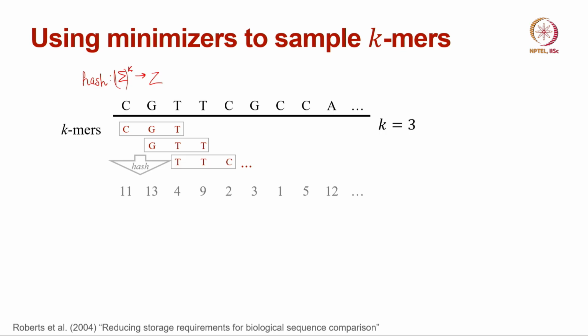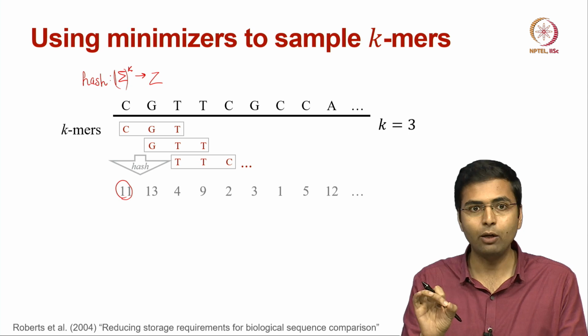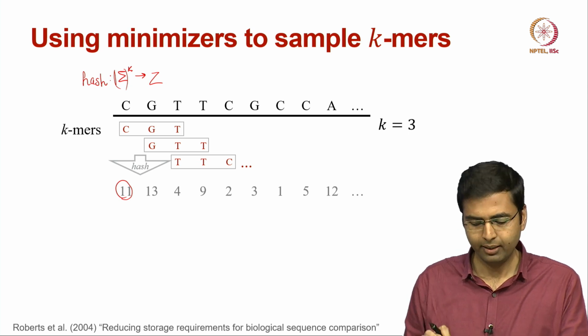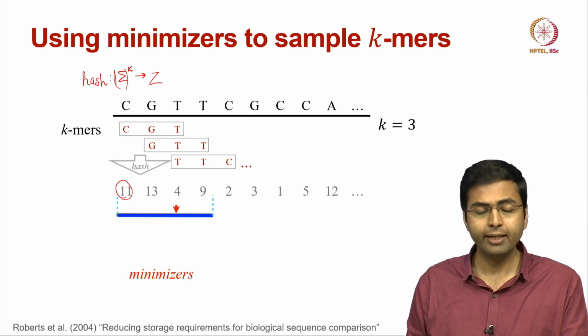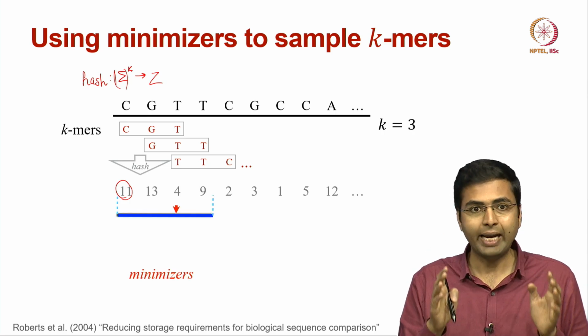Let's use any random hash function. I am going to hash each k-mer and get an integer representation of that k-mer. Now once we have these integer values, the minimizer technique works by considering a fixed length window of size w.